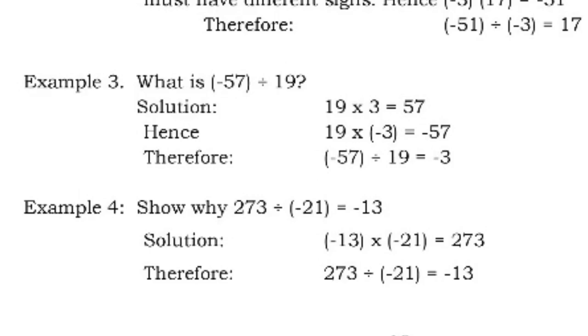Number 4, show why 273 divided by negative 21 equals negative 13. So for our solution, negative 13 times negative 21 is equal to 273. Then 273 divided by negative 21 equals negative 13. So again, positive divided by negative, or division of unlike signs, results in a negative value.